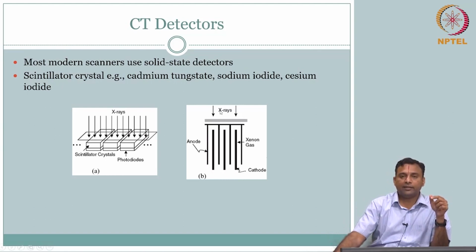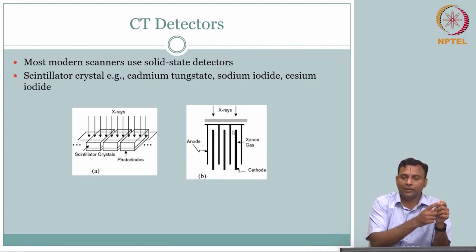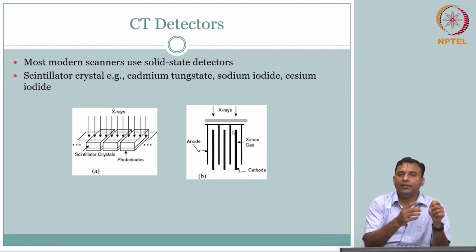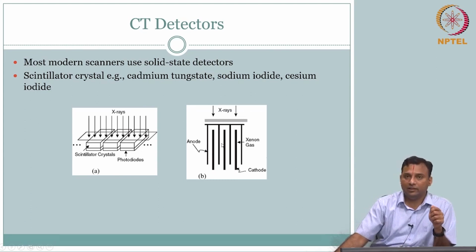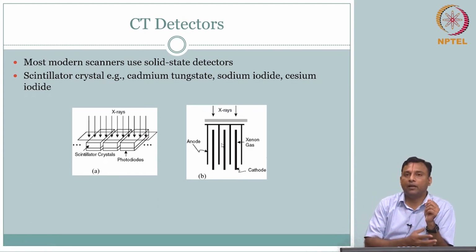Therefore, when X-rays came, they ionized the xenon gas. When ionization happens, you have a voltage difference, you have current. So they could essentially use that conversion. This was very useful when they needed very directional amplification of the signal, mostly for the third generation.